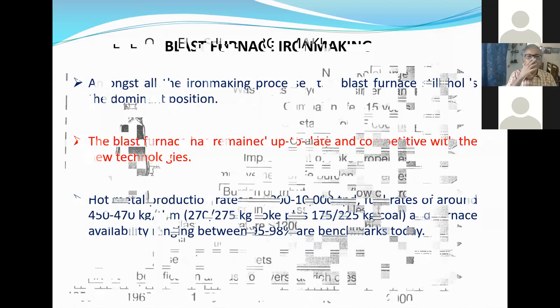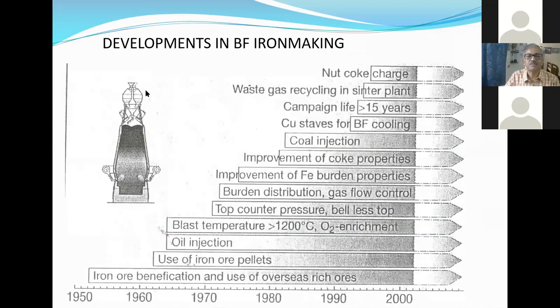Okay. So now let us see some of the developments in blast furnace iron making. You see how the blast furnace was in the 1950s, then came iron ore beneficiation and the use of overseas ore. As I said, the major limitation of the blast furnace is that you have to have a very good quality iron ore burden.